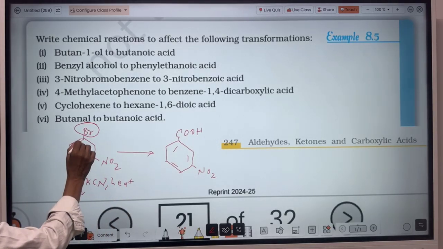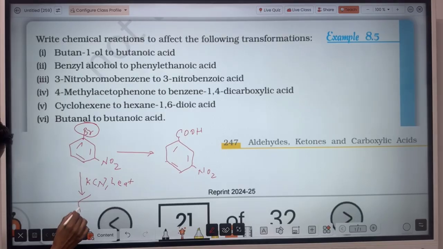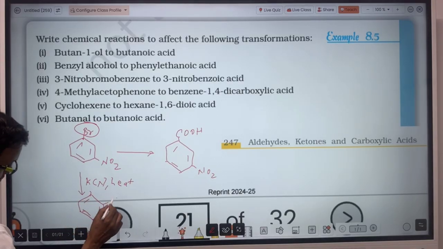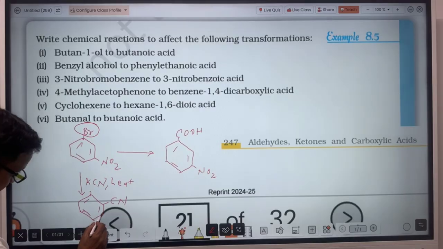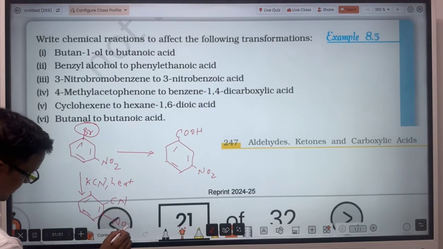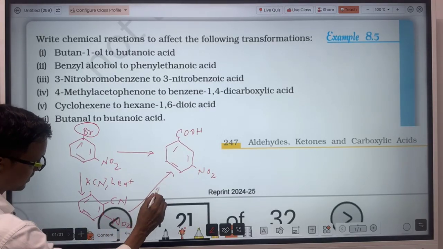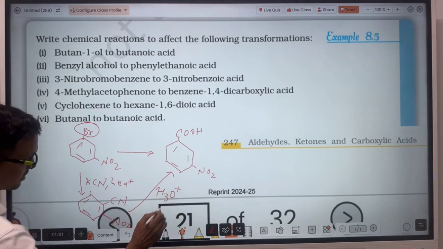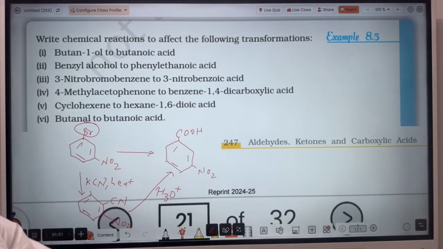So CN will bond to this carbon. And then, as you already know, pass acidic water. So directly this compound will form.